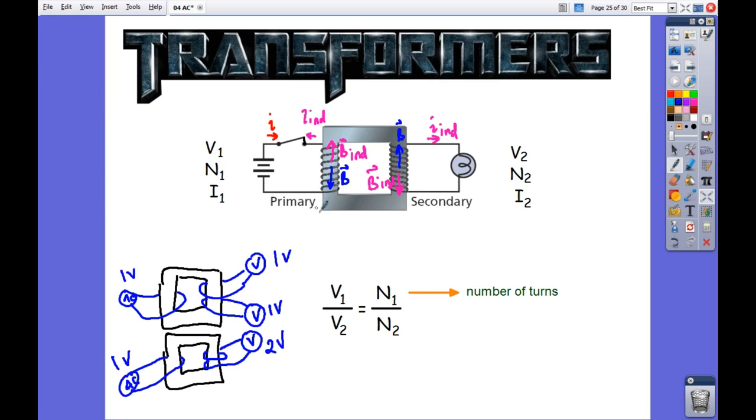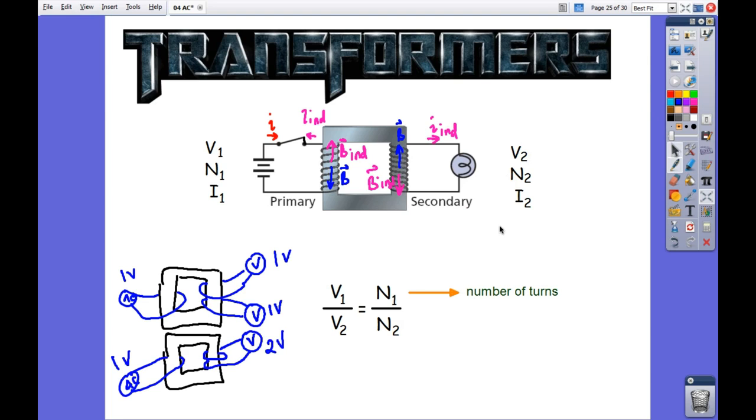So that means the voltage will increase as the number of turns increases. So we can say V is proportional to N, where N is the number of turns. So V1 over V2 equals N1 over N2. V1 is the primary voltage, N1 is the number of turns in the primary, V2 is the secondary voltage, and N2 is the number of turns in the secondary.